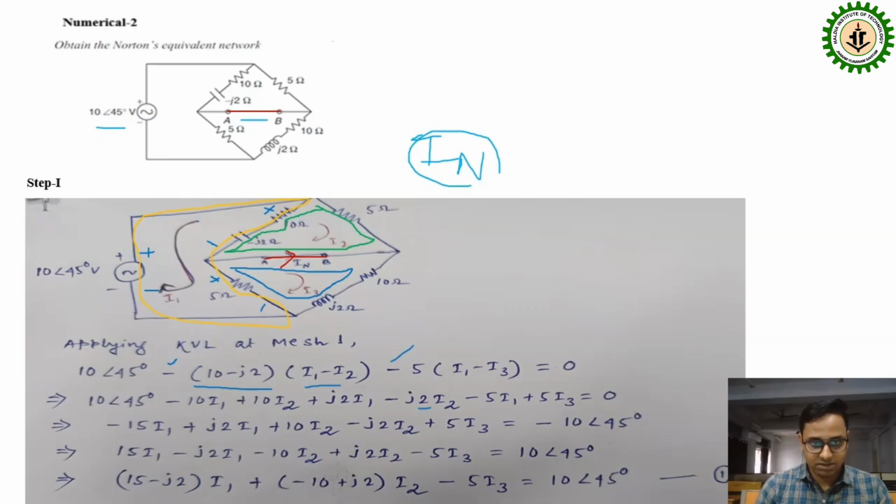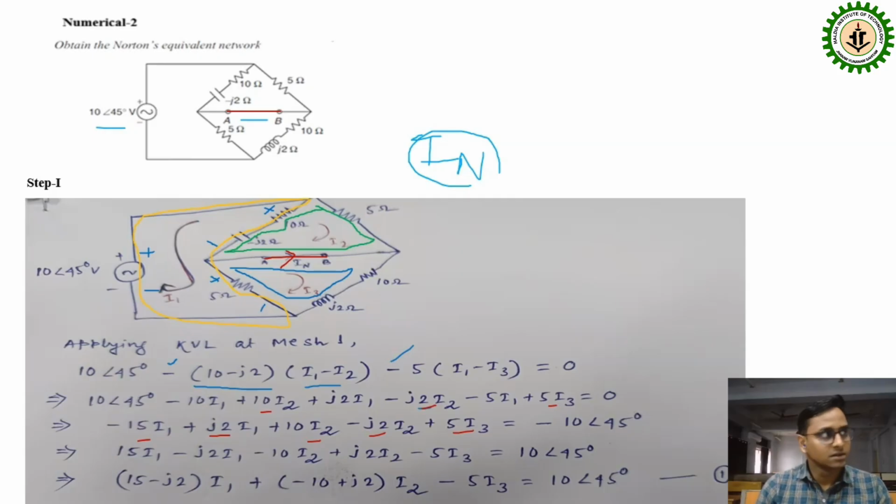Simplifying this, I am getting minus 10 I1 minus 5 I1, which is minus 15 I1, plus J2 I1, then plus 10 I2, minus J2 I2, then plus 5 I3 is equal to minus 10 at an angle 45 degrees.